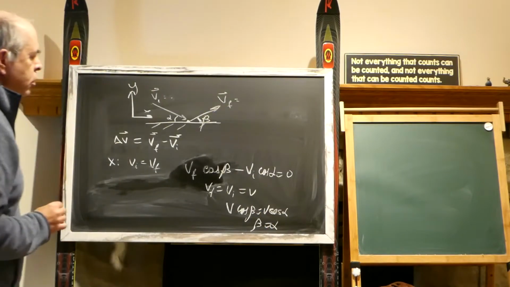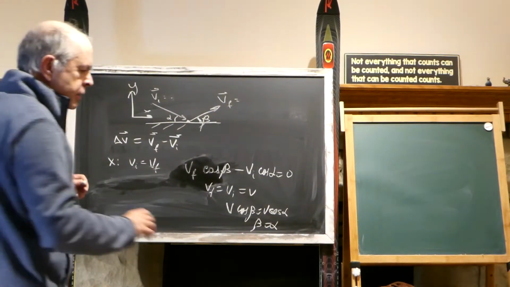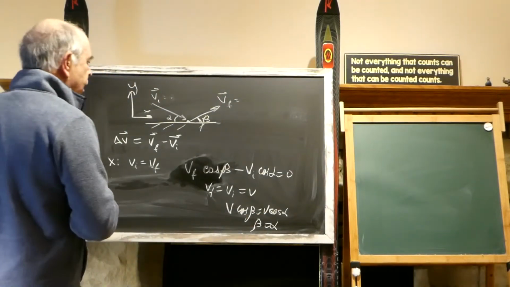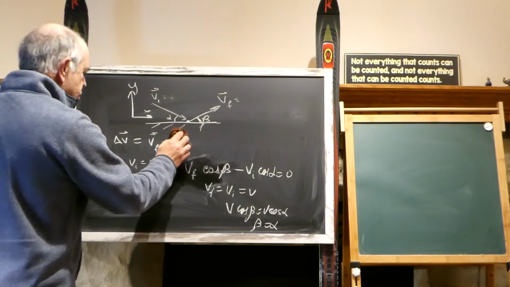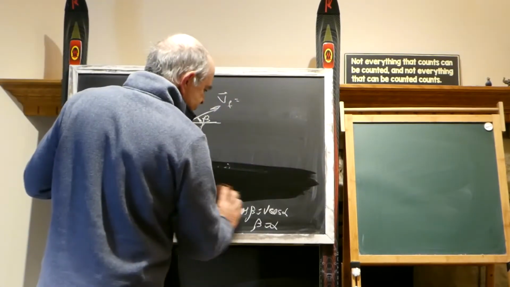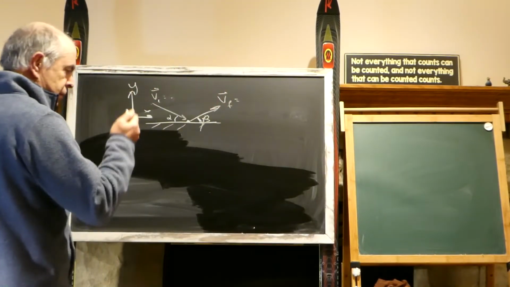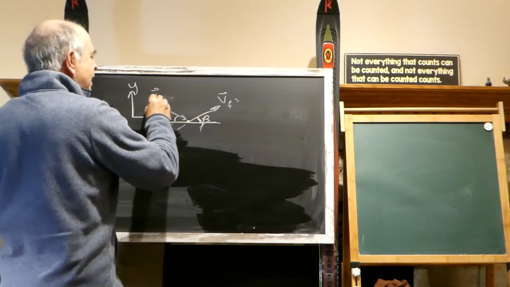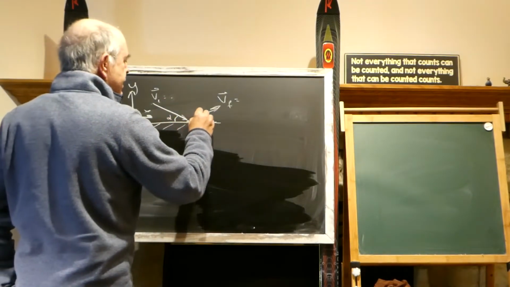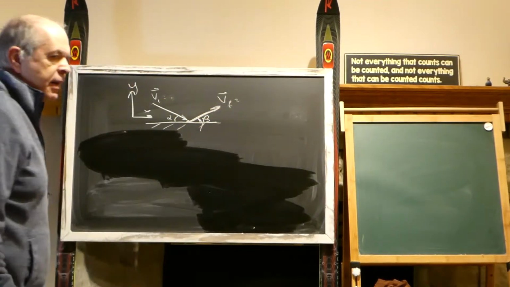And that's all I wanted to say. Let me wipe it out to make it clear. Because this is an elastic collision, the length of this vector is the same as the length of this vector.